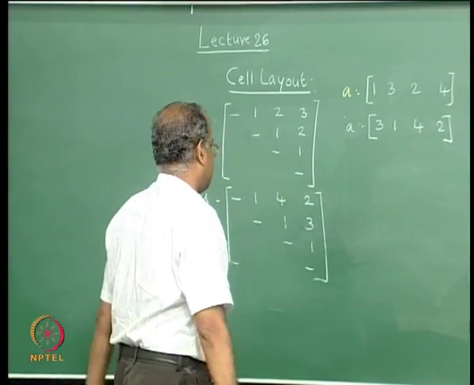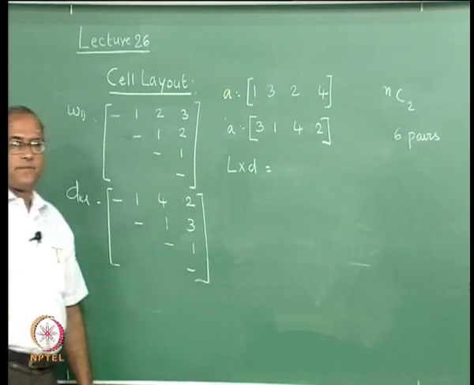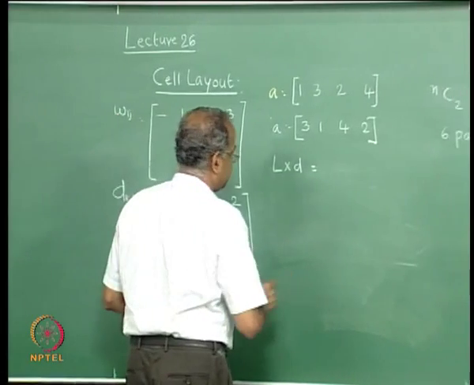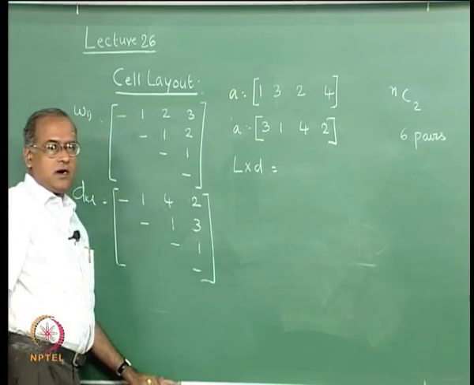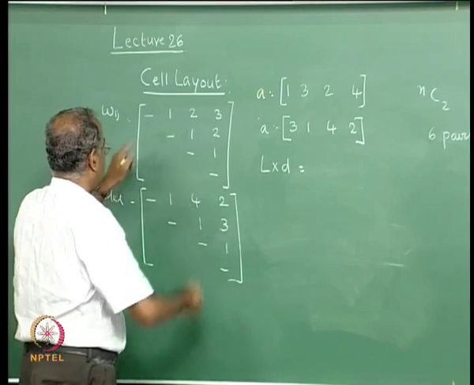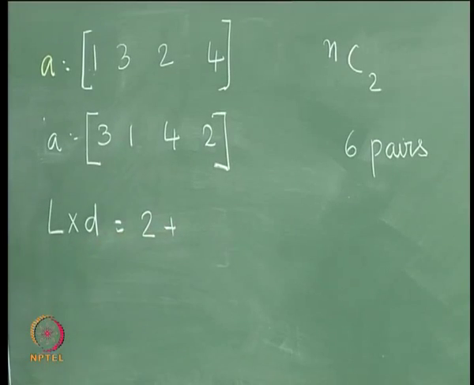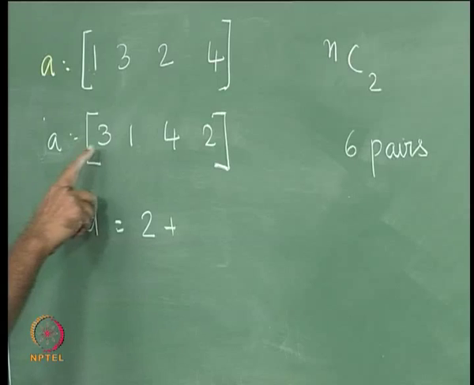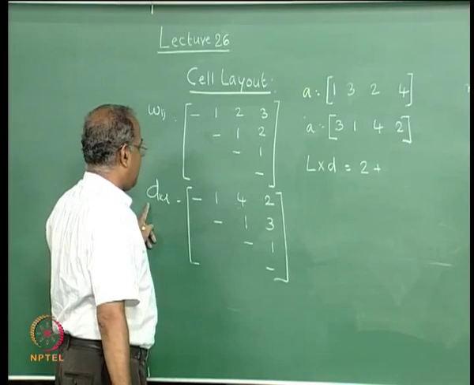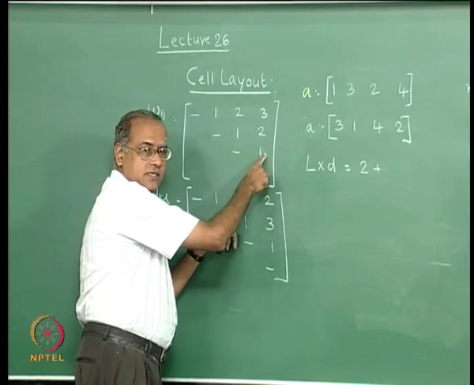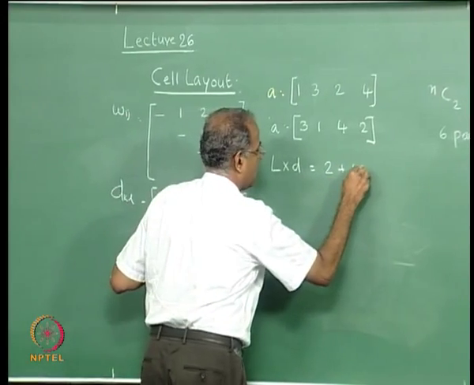Now, let us evaluate L into D for 3 1 4 2. The L into D for this will be W 1 3 D 1 2, which is 2; W 3 4 D 1 3, D 1 3 is 1, W 3 4 is 4, so 2 plus 4.